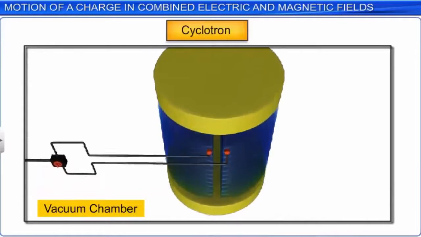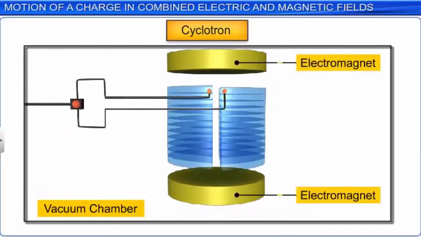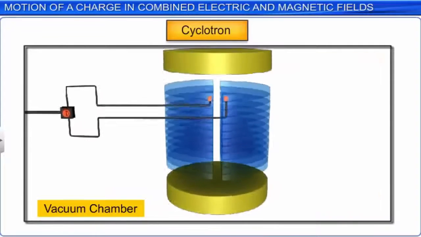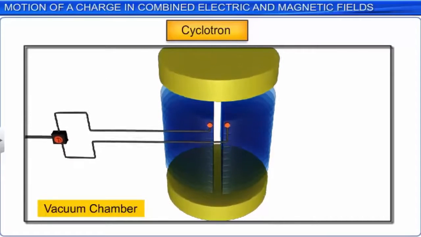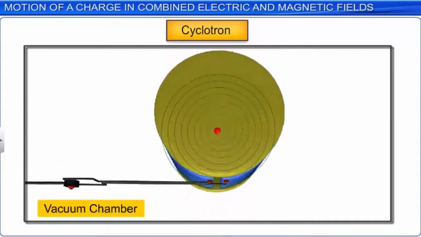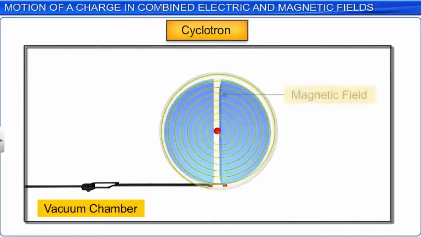This chamber is placed horizontally between two huge magnets, which provide a vertical magnetic field. Inside the Ds, the charged particle is affected only due to the magnetic field.